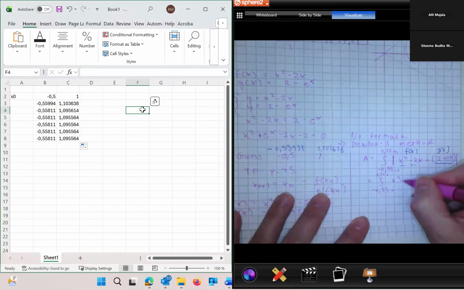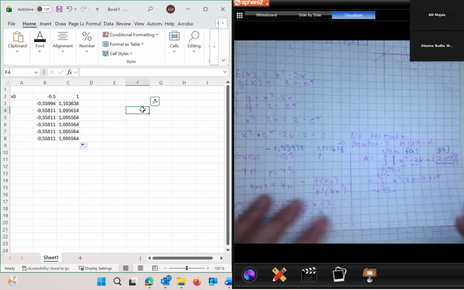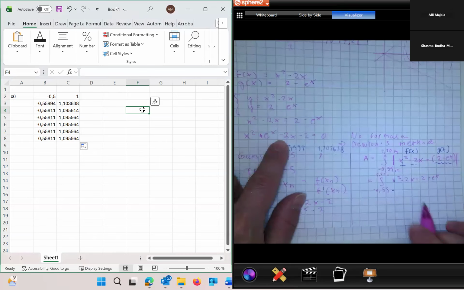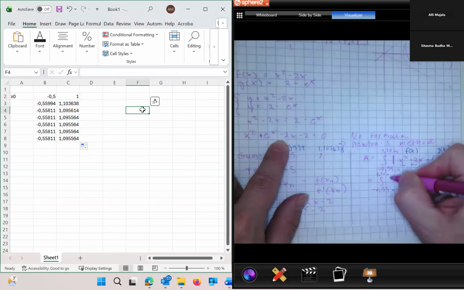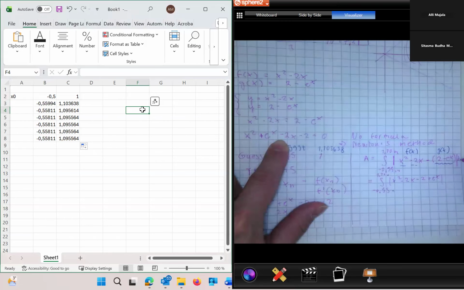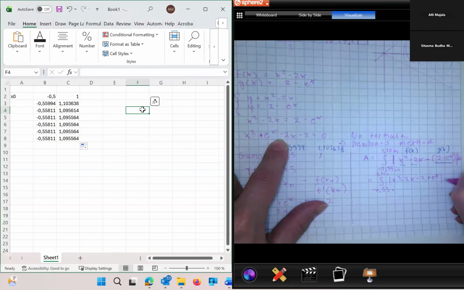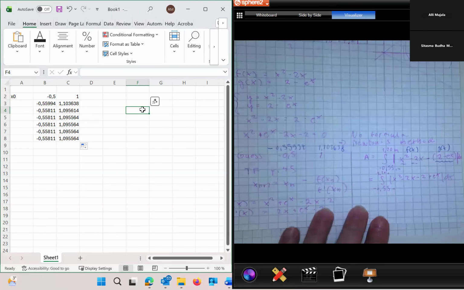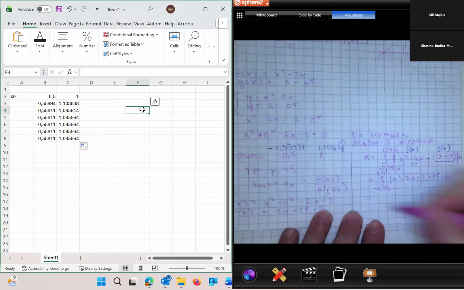Minus whatever, 2x minus 2 plus e to the power of x. I have it in a bit different order here, but it looks exactly the same. Otherwise, I forgot the dx there. And then just do the integration.